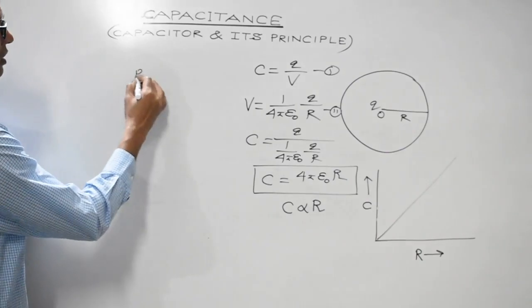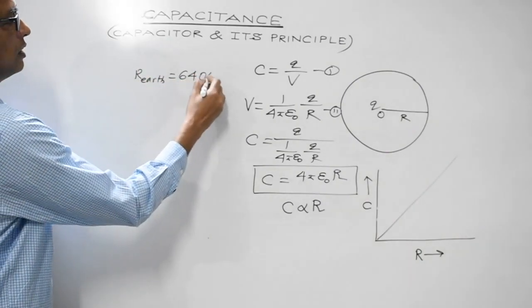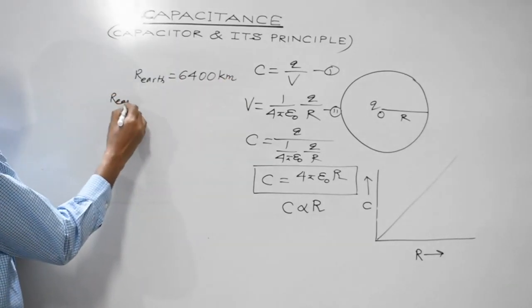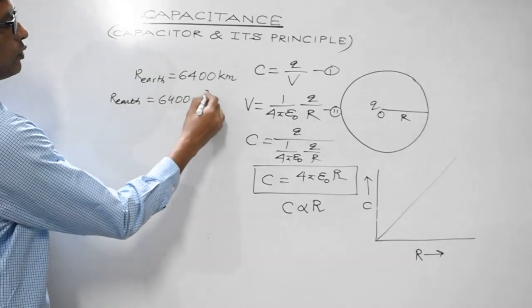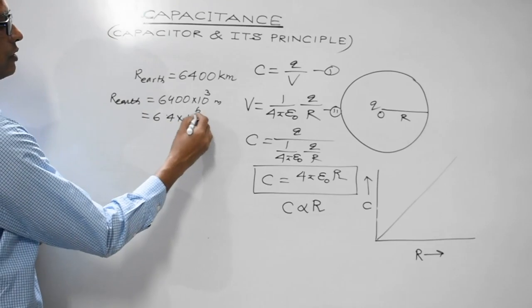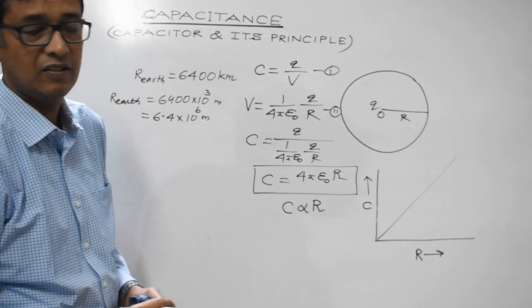So radius of the Earth is 6400 km, or in SI, it can be written as 6400 into 10 to the 3 meters, or 6.4 into 10 to the 6 meters. That's the value of radius of the Earth in SI.